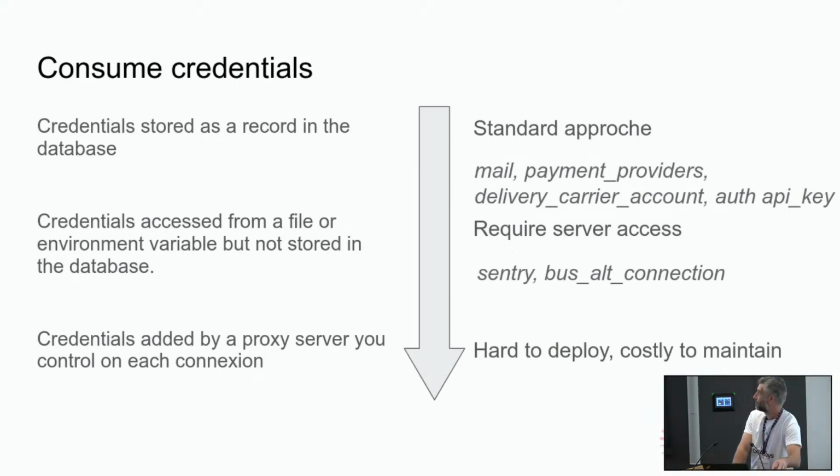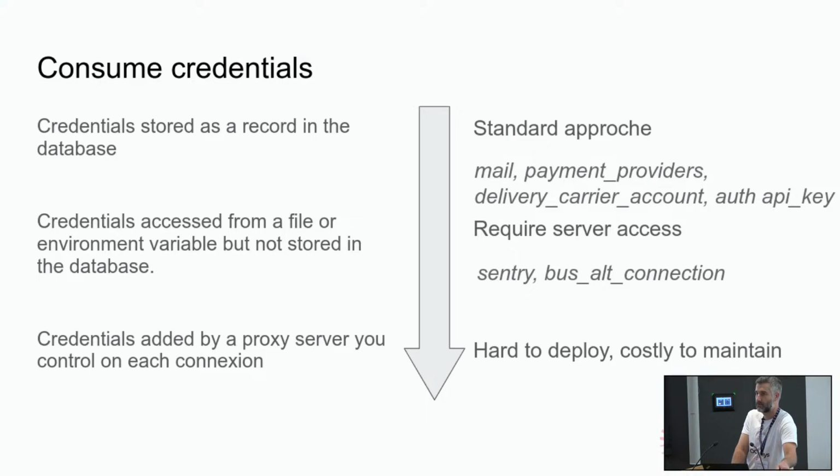You have a choice of where you put your credentials in the system. The first one is inside the Odoo database as a record. It's the most common one. And you've also got credentials like the database URL you connect to. It can't be inside Odoo, of course, because you need it to connect. And there is also, for a really strong security system, the option to put your credentials in a proxy server.